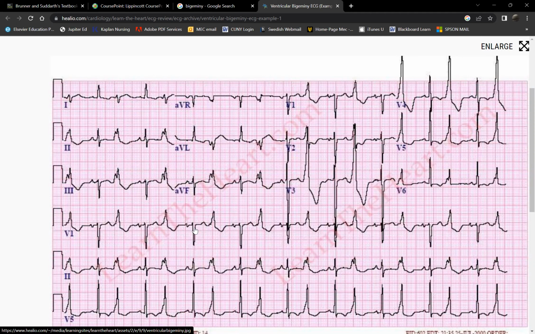It can also be in succession. So let's say if you have two PVCs in a row, we call it a couplet. Three PVCs in a row, triplet. Four PVCs in a row, quadruplet. Five or more, we don't call them quintuplets anymore.